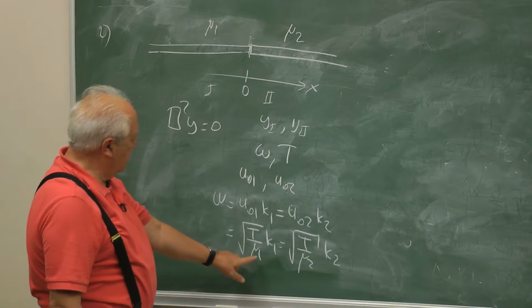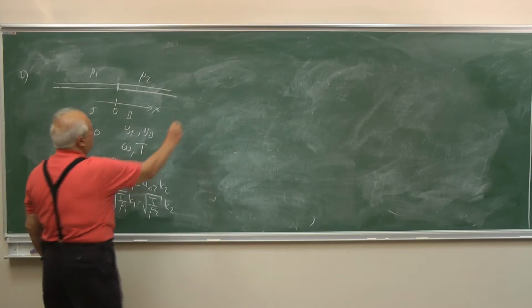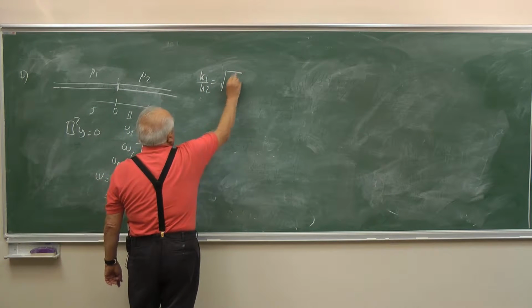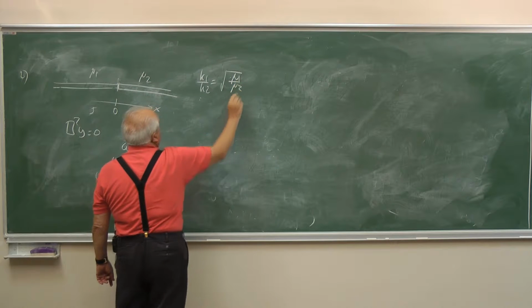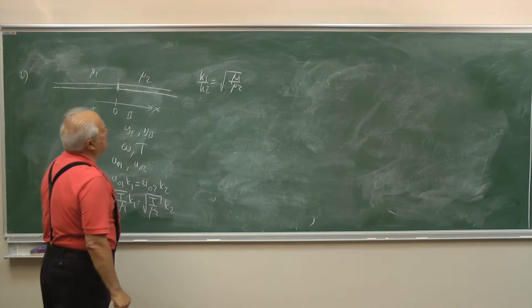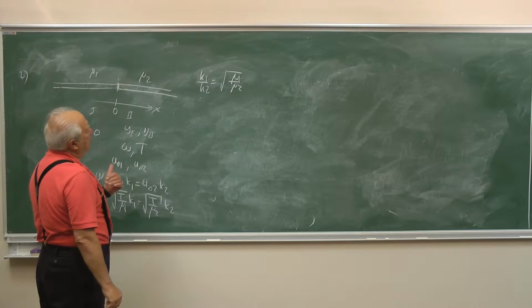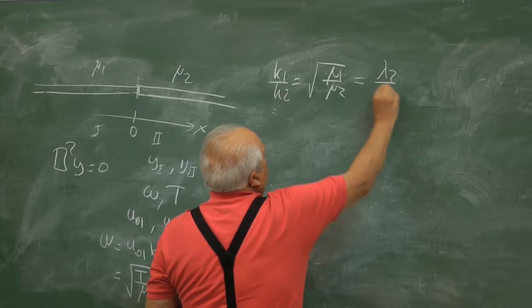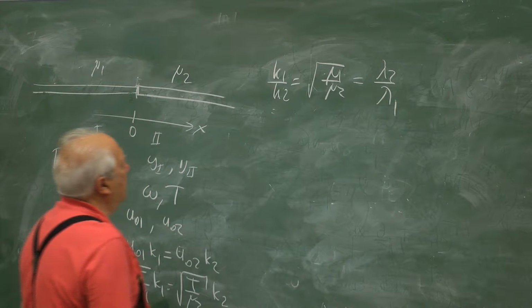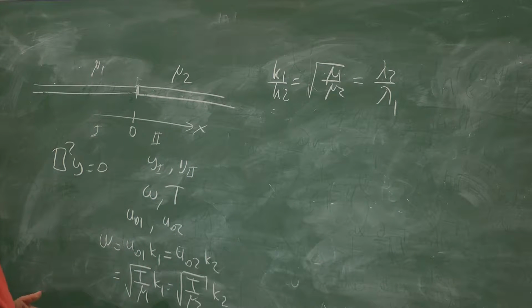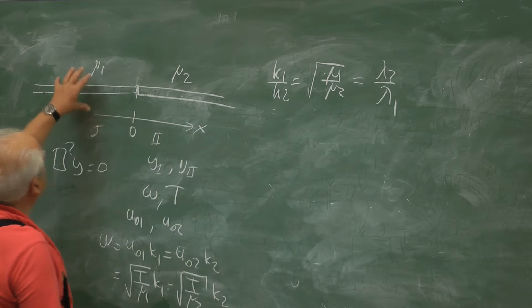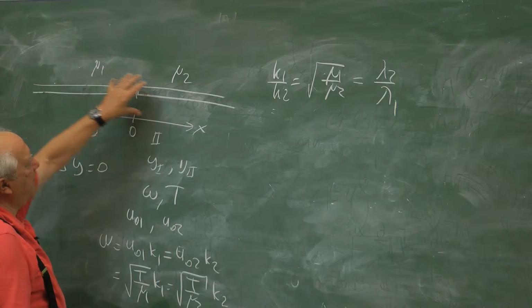So therefore k1 over k2 is root mu1 over mu2. Since k1 is 2 pi over lambda 1, it's inversely proportional to the wavelength, so wavelengths are different. So depending on the relative magnitudes of mu1 and mu2, the wavelength of the wave changes.